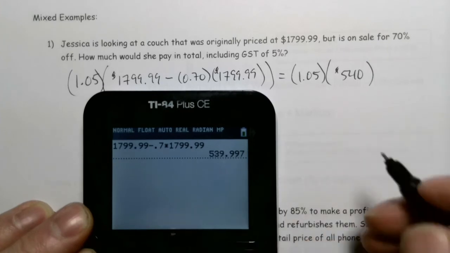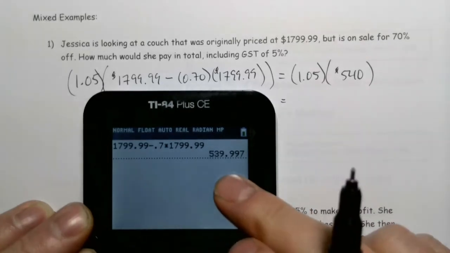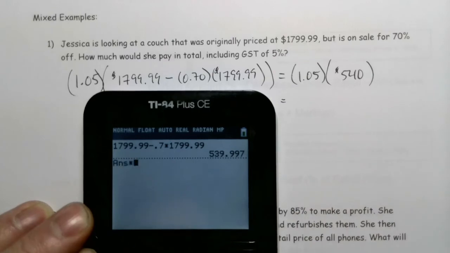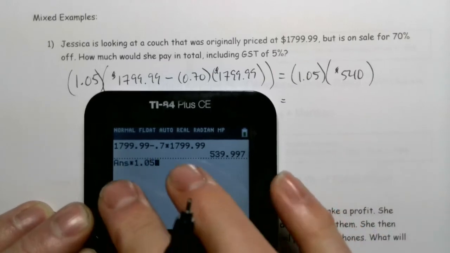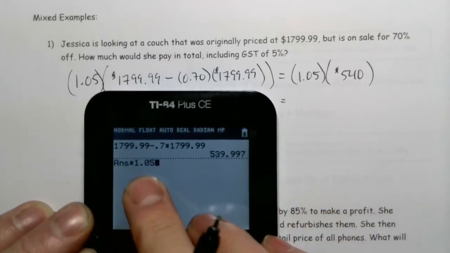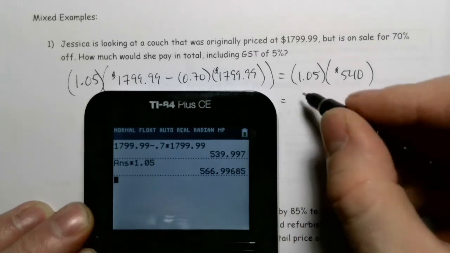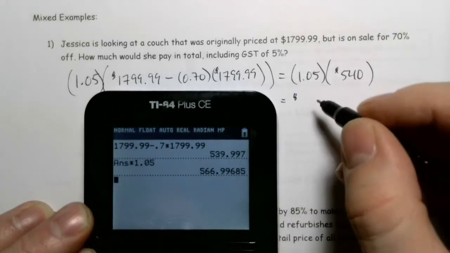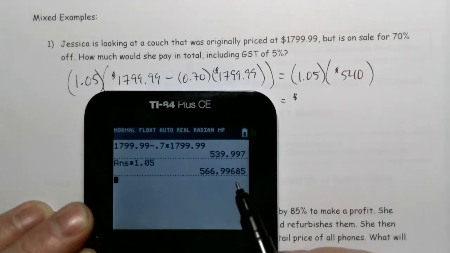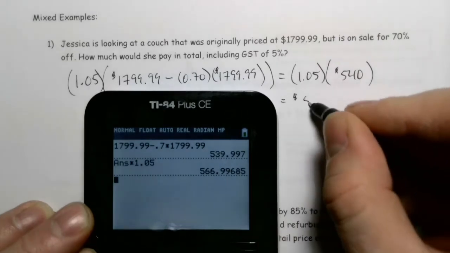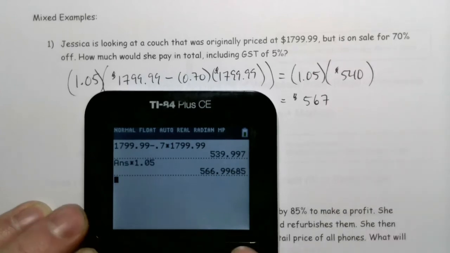Now, I'm going to leave that number in my calculator here, and now I'm going to multiply that by 1.05, 100% of the cost plus an additional 5%. And so when all is said and done, we are going to pay $567, since that extra decimal is going to force this to round up.